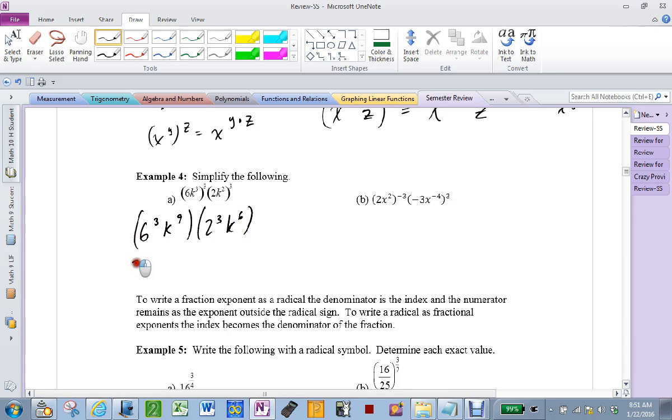6 cubed is 216 k to the 9th, woof. 8 cubed is 8 k to the 6th. 216 times 8 is... 1600, 1680, 1916, isn't it?